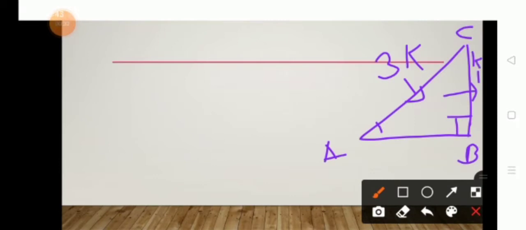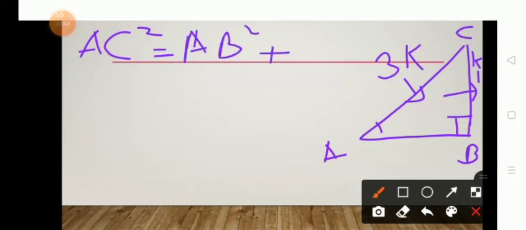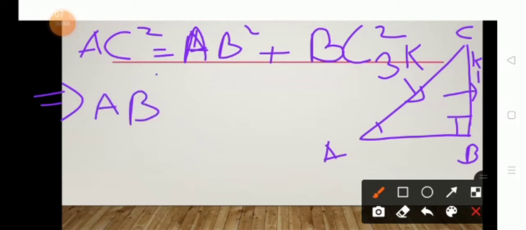Now you see here, what I did was take the Pythagoras theorem. In triangle ABC, I know that AC squared is AB squared plus BC squared. We don't know AB, so I'll bring the AB term to one side and take the known values on the other side.